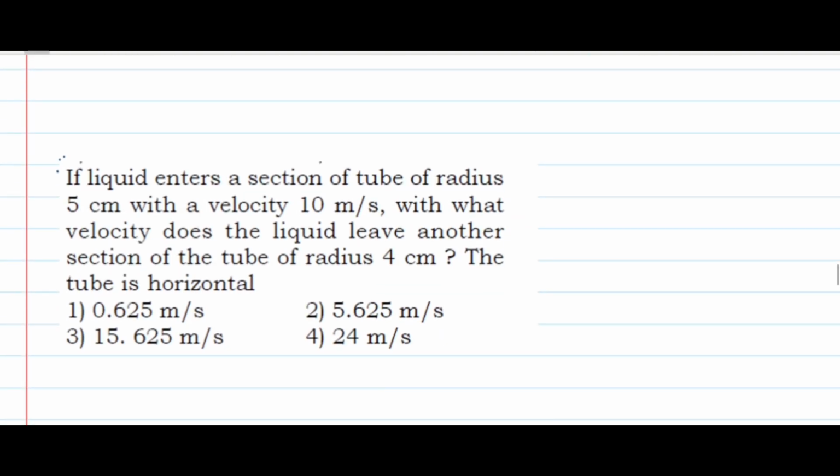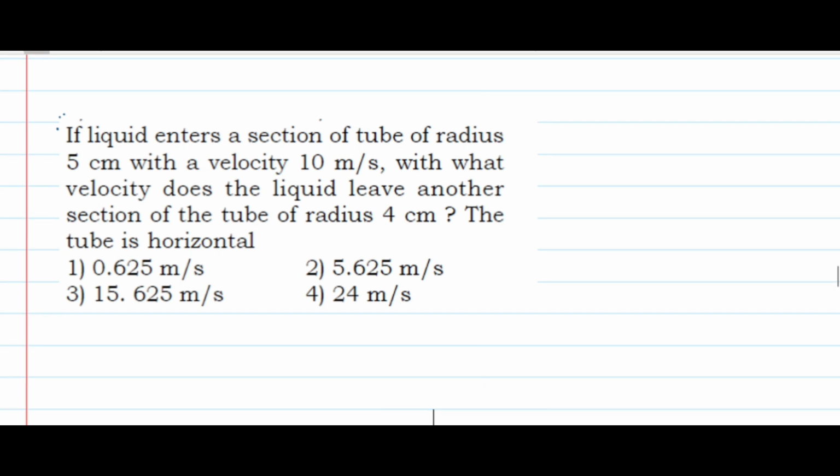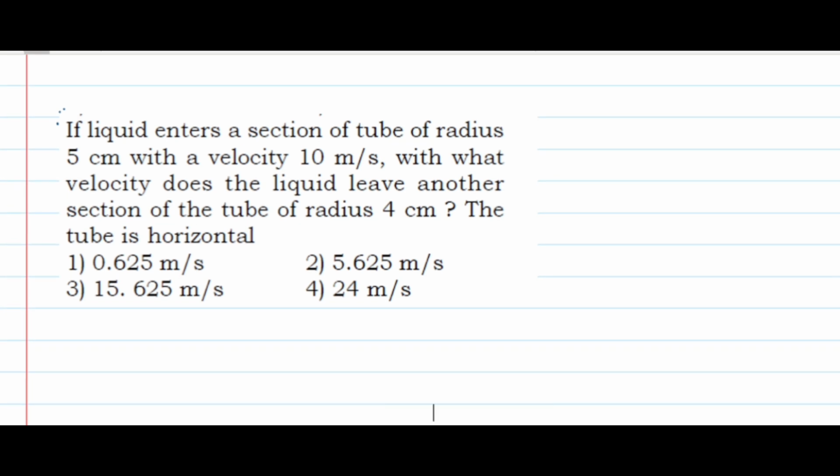Next, look at this: a liquid enters a section of the tube of radius 5 centimeter, and with what velocity does the liquid leave another section of the tube of radius 4 centimeter? The tube is horizontal, it's given.